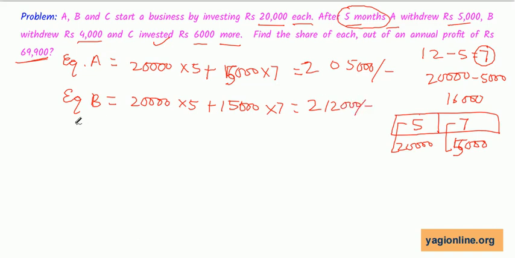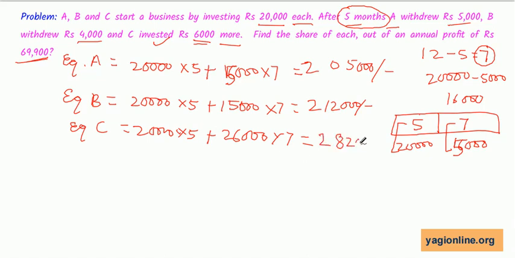Now if you look at C, what C did is, he invested 20,000 for 5 months, and then he added 6,000 more. So now for the remaining 7 months, his investment was 26,000 into 7, and this is 2 lakhs 82,000.